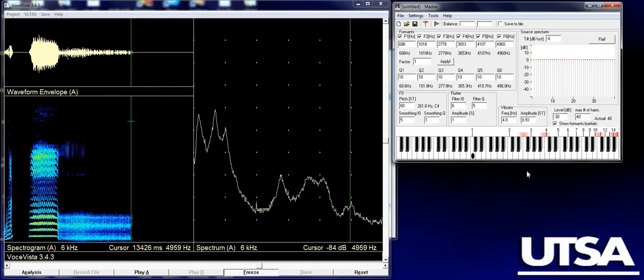We can listen to our handiwork so far here. So we have my formant frequencies in. We have my vibrato rate that we measured earlier, and the extent of my vibrato. And right now on the source spectrum tilt, I've got it at -6. That's a fairly shallow slope.